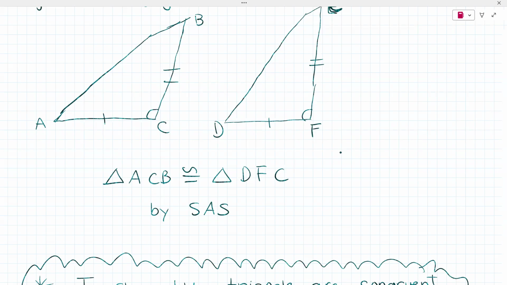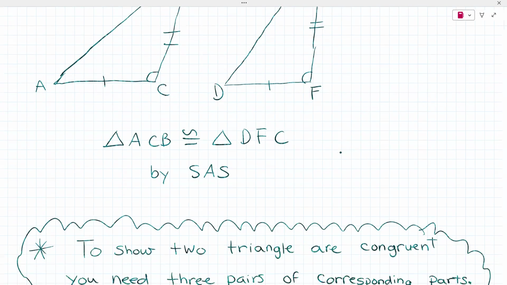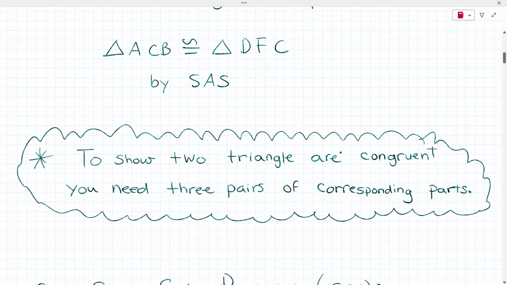To show that two triangles are congruent, you need three pairs of corresponding parts.